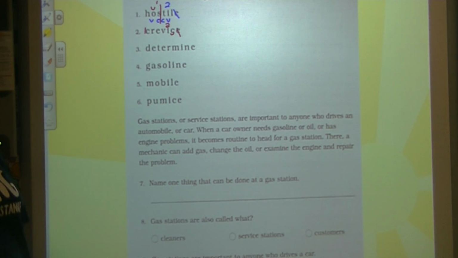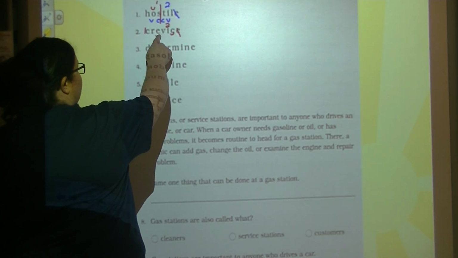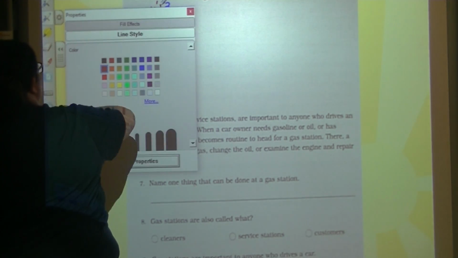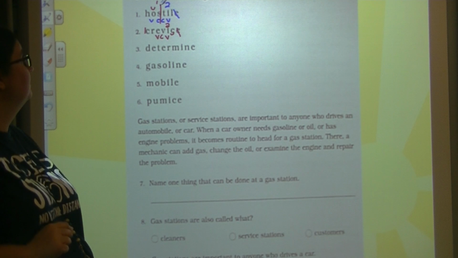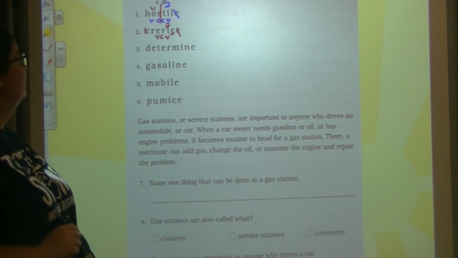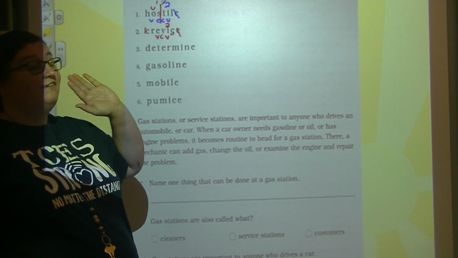That's a French ending, I-C-E. Now we have vowel and a vowel with one consonant in the middle. All right, we've got to decide where to divide.